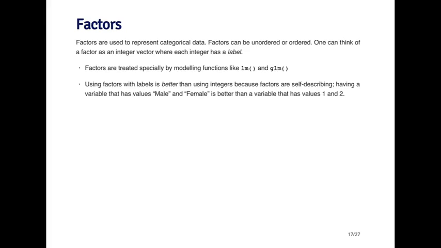In many data sets, you'll find a variable coded as 1 and 2, and it's not easy to know whether that variable is really a numeric variable that only takes values 1 and 2, or whether it is representing gender, where the 1s are males and the 2s are females. But that's not something that's coded in the data set, so it's hard to tell. If you use a factor variable, then the coding for the labels is built into the variable, and it's much easier to understand.